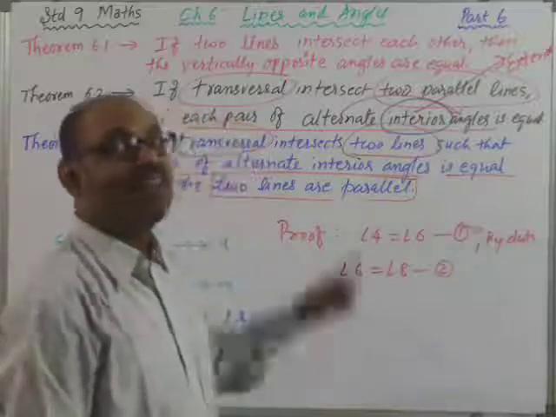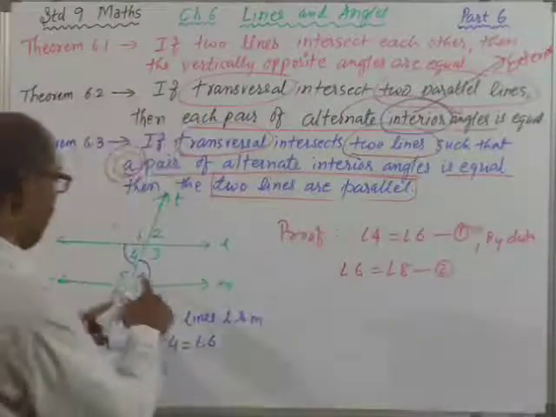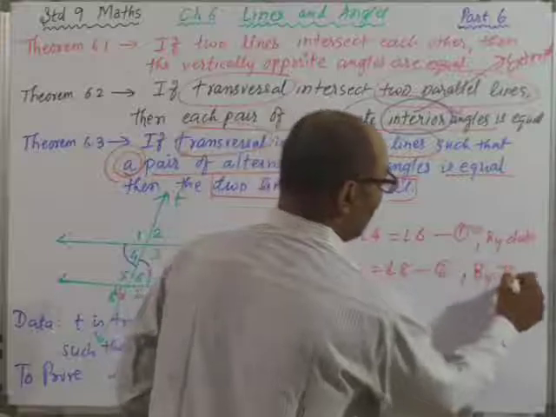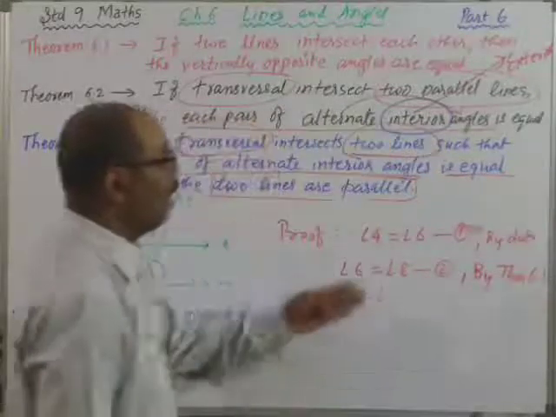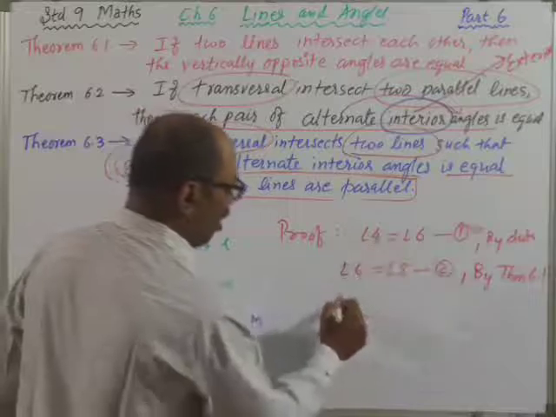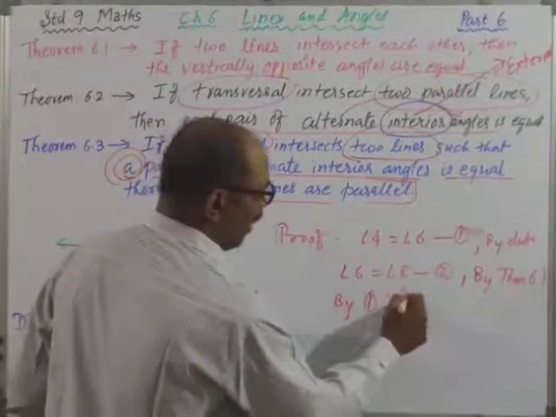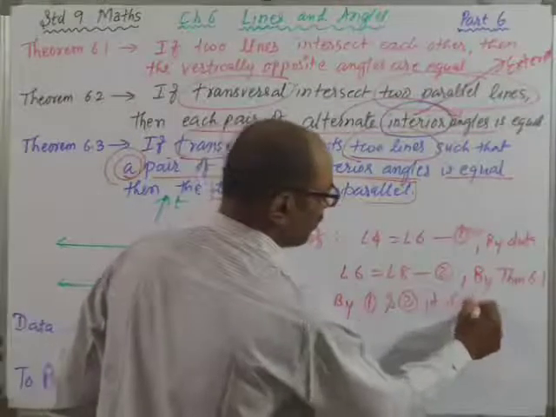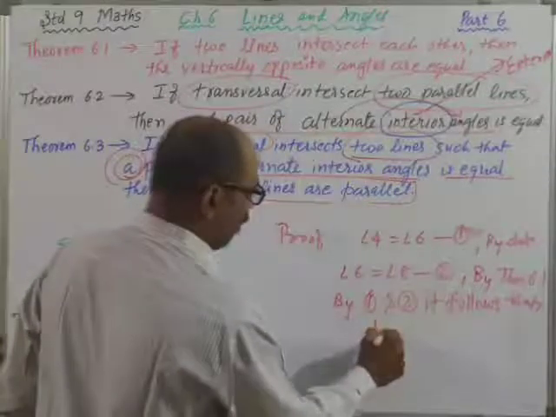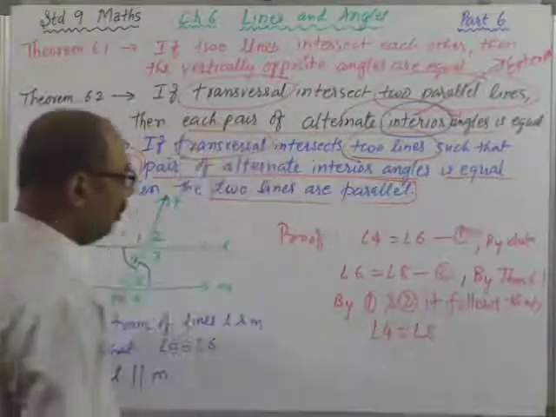Why? Theorem 6.1, vertically opposite angles are equal. By 1 and 2, it follows that angle 4 is equal to angle 8.